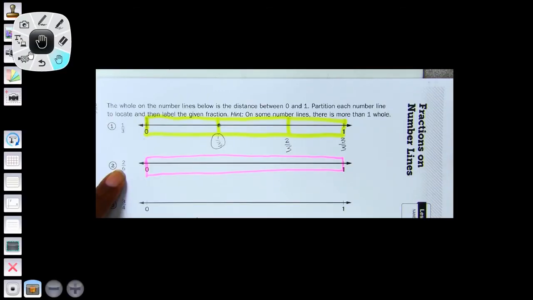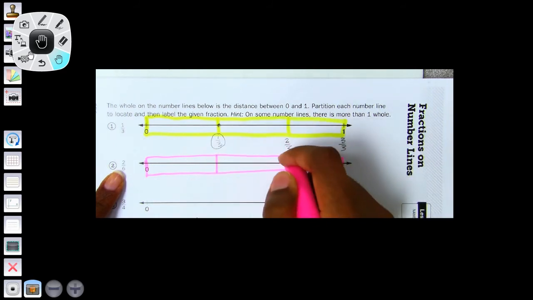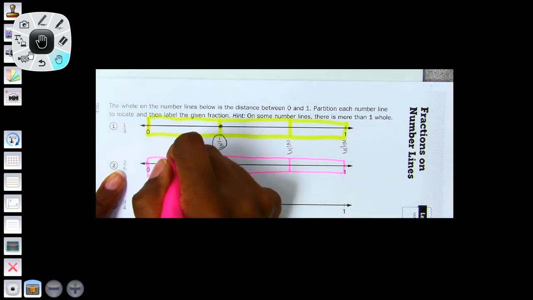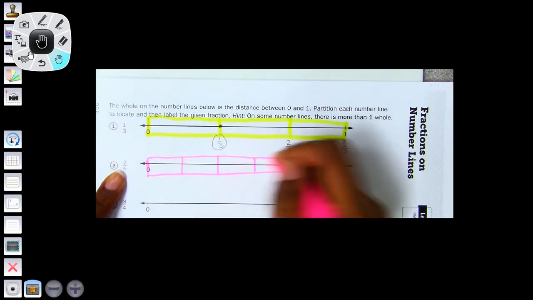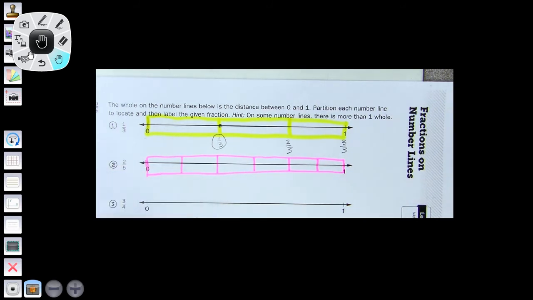To do that, I'm going to start by dividing it into thirds, matching it with the fraction above, and then I'm going to cut each third in half. This is my strategy. I don't have to do this on that number line. I can just partition a number line without seeing it as strips, but this is a strategy for those who need to see the rectangle version of it.